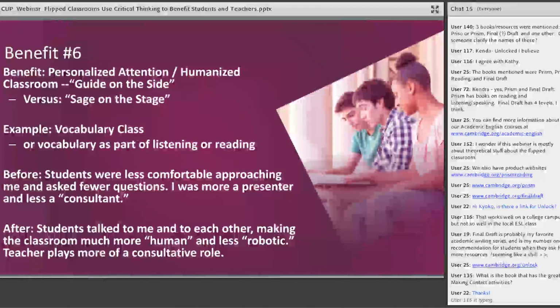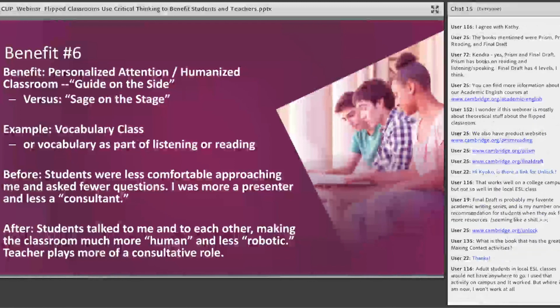So using my vocabulary class as an example, a student struggling with one of the words may ask, and I may have had to stop the whole class to answer a question about a particular word. Or students may not ask the question if they don't understand a word. But in the flip setting, where they've looked at the words, studied the definitions and memorized them on their own, I got to help students individually, and they could all ask their questions of me individually.